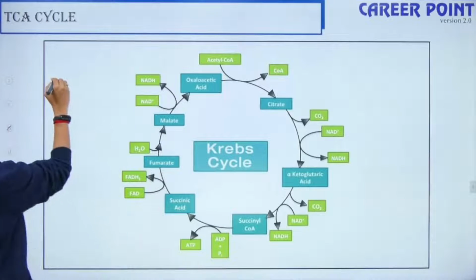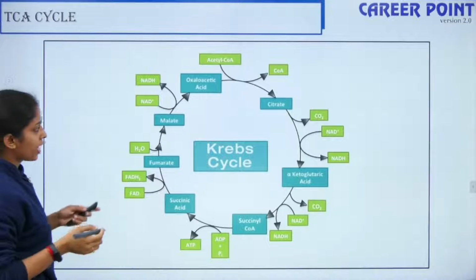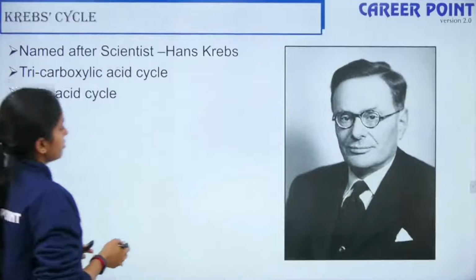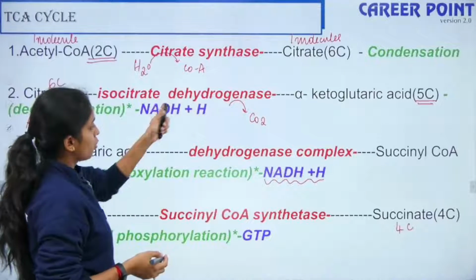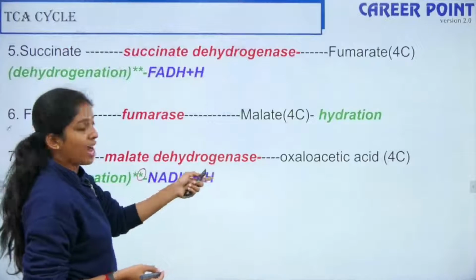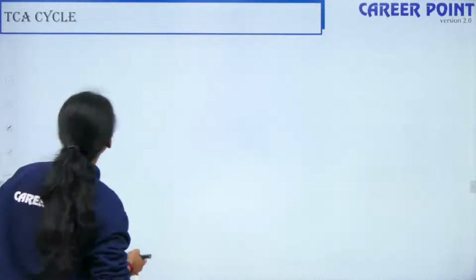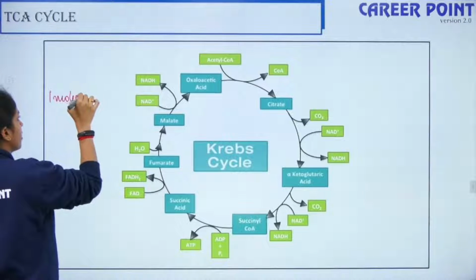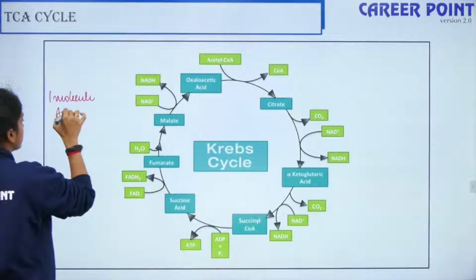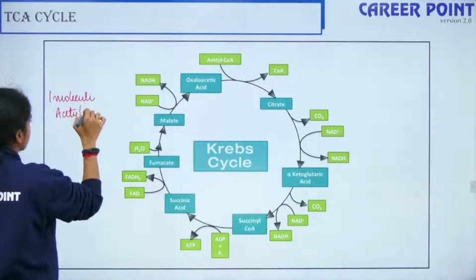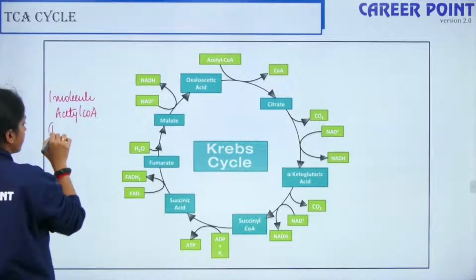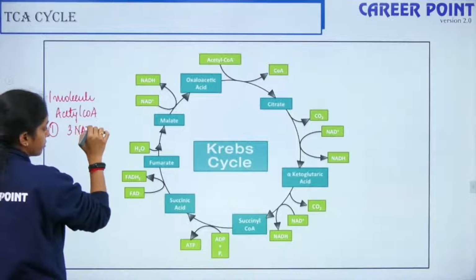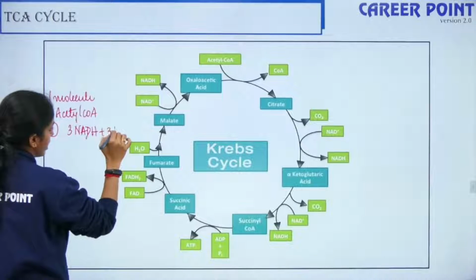So we have totally, how many NADH did we have? So 1, 2, and in the next slide we have 1. So totally for 1 molecule of acetyl-CoA, you have 3 NADH plus 3H plus.